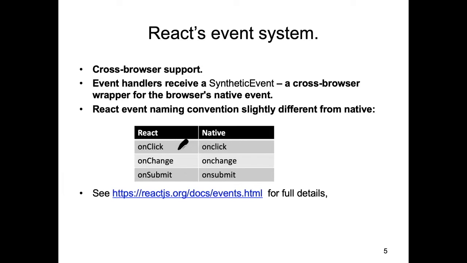So just bear in mind to use the camel case style for your event names. And you saw that in my counter component. I had onClick with a capital C rather than onclick with a lowercase c. This is the native event, but this is the React event name.